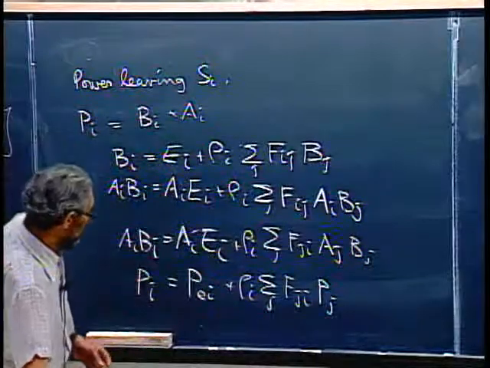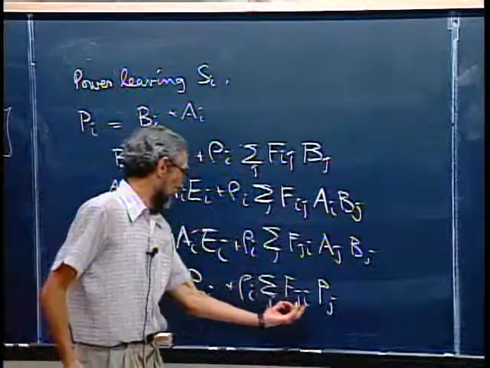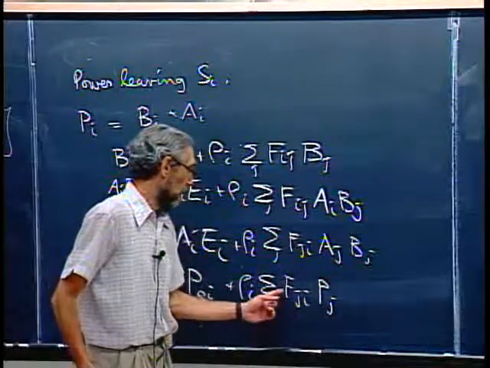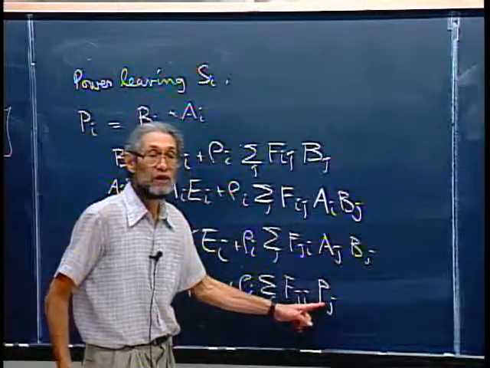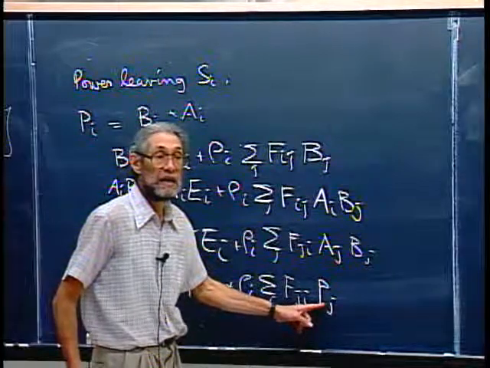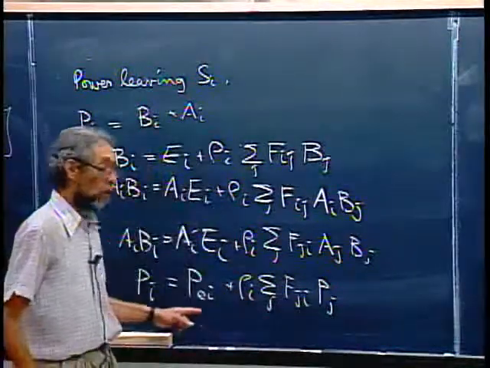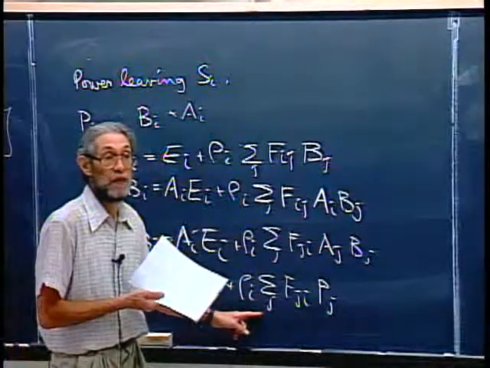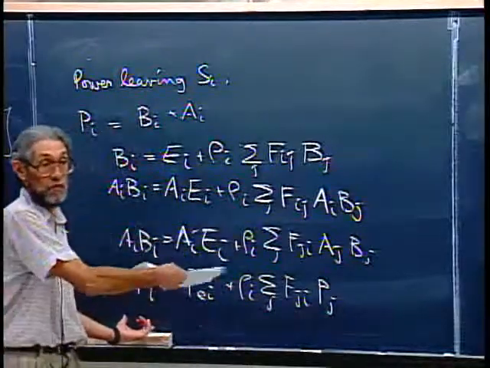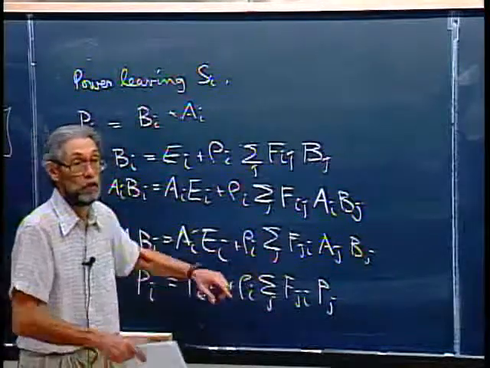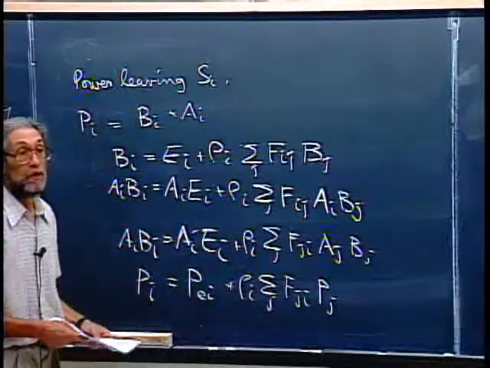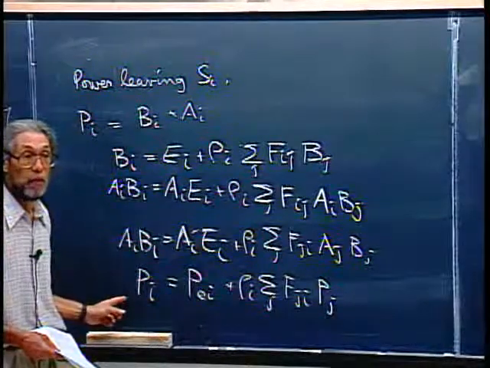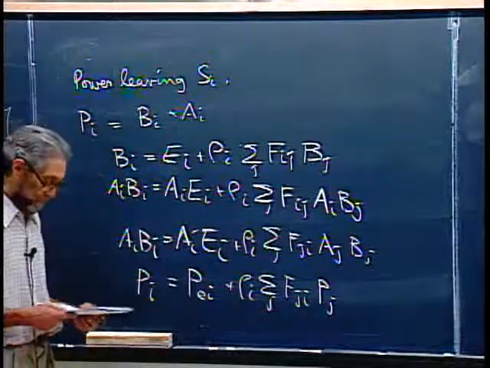So what you could think of is Fji is the fraction of the power leaving surface j that ends up on surface i. Then you multiply that power by the reflectivity, and you get, because this is diffuse, the rho is sort of the fraction of the power that's reflected, and you get the power coming off of Ai after we add up all those contributions.